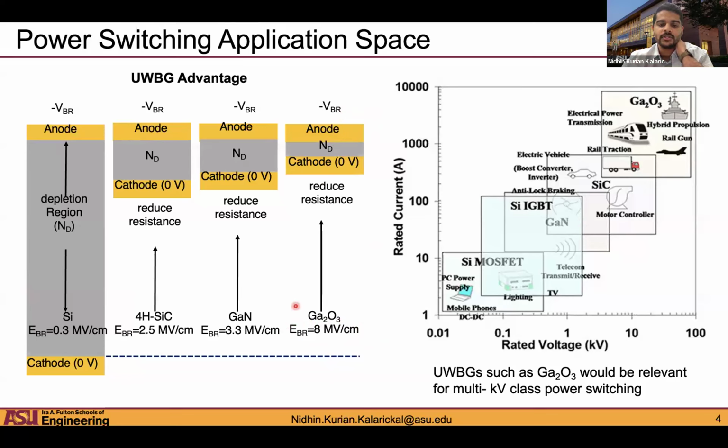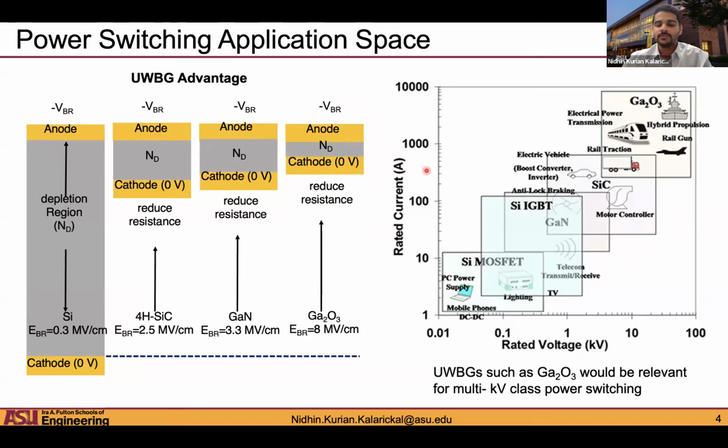So all this extra resistance you can actually get rid of. That's really the easy way to understand the advantage of using ultrawide bandgap semiconductors. So it's a reduction in resistance, and also a reduction in the amount of charge which needs to be switched every time the device turns on and off.